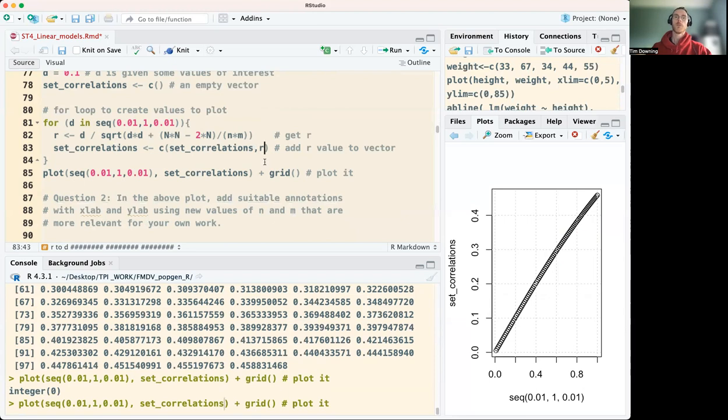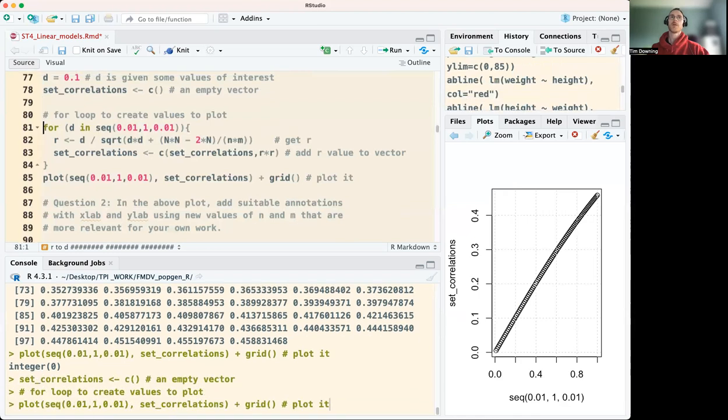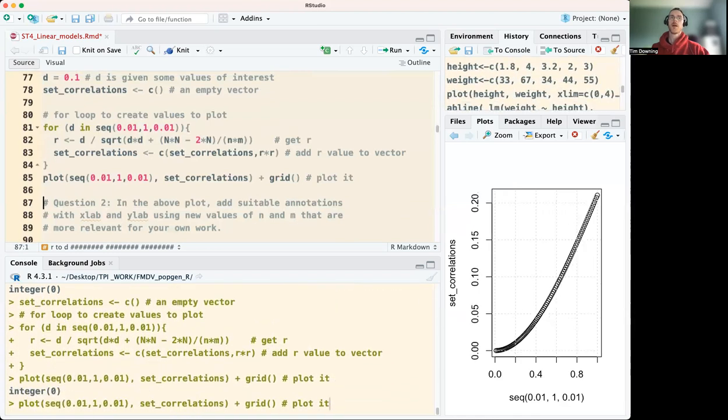So we'd have to look at r squared here instead. We reset the vector to be 0, and this plot now would indicate the r squared value on the y-axis, which you can see has changed somewhat, and then we have the d values still on the x-axis. So that's a good way of scaling the effect size and the correlation coefficient.